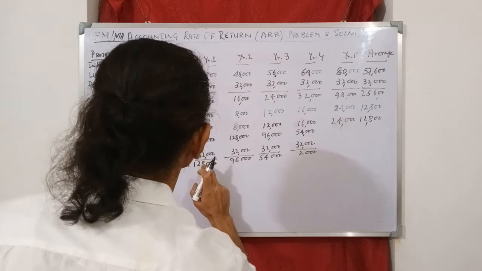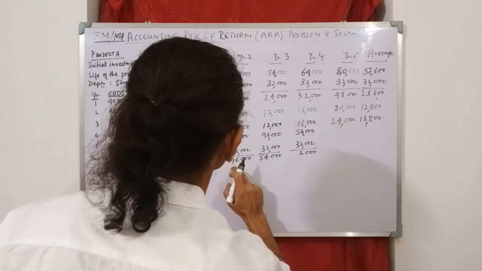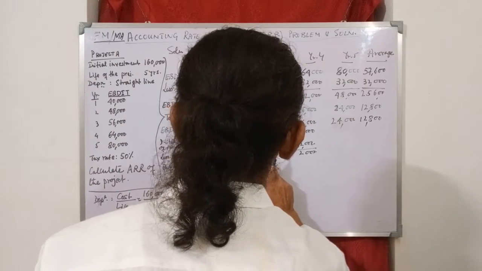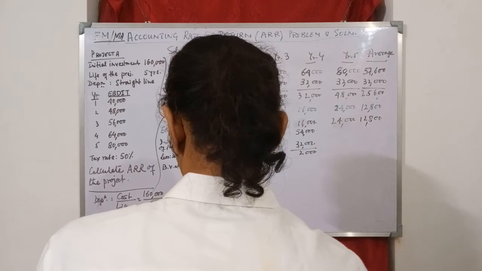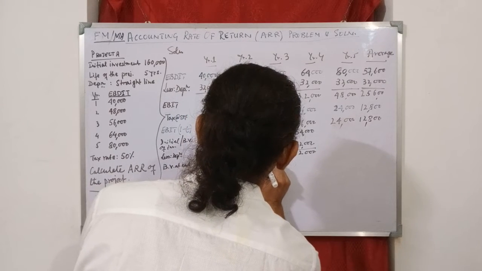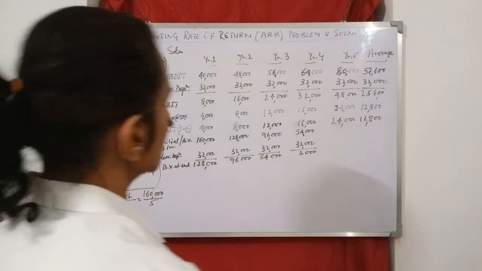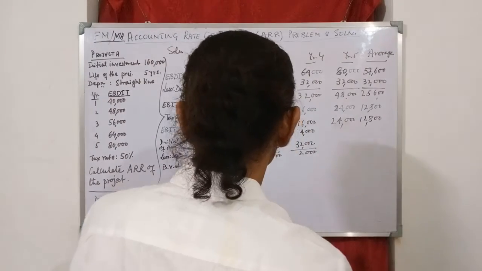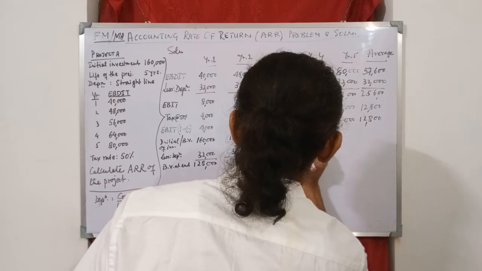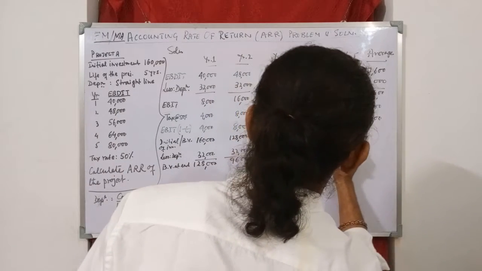So we get 32,000 again. So book value at the beginning of year 5 is 32,000.